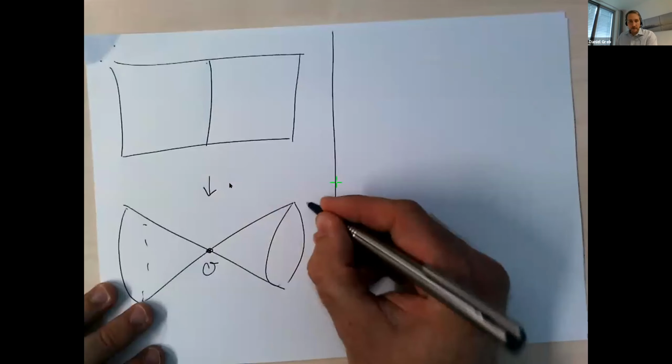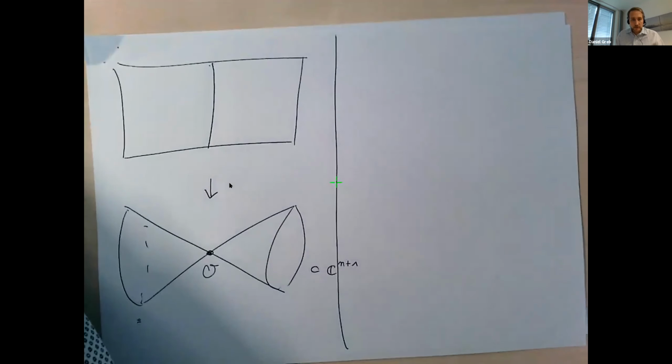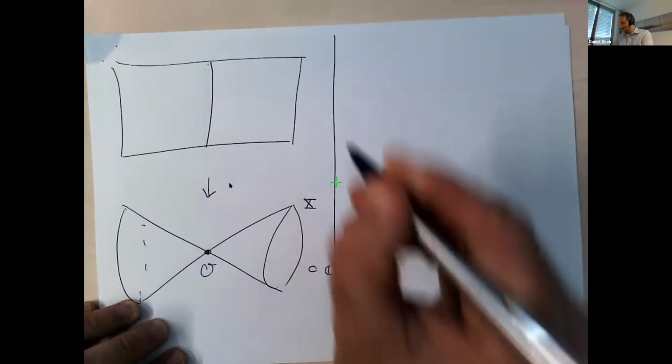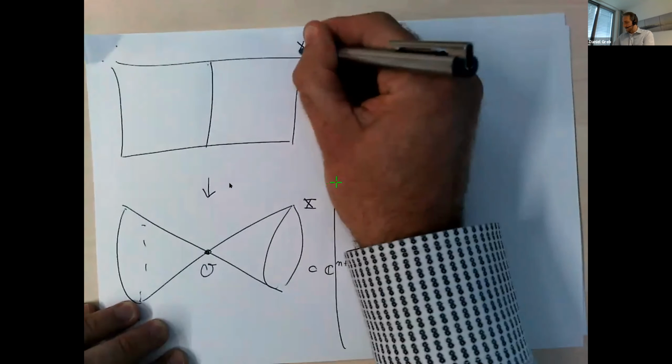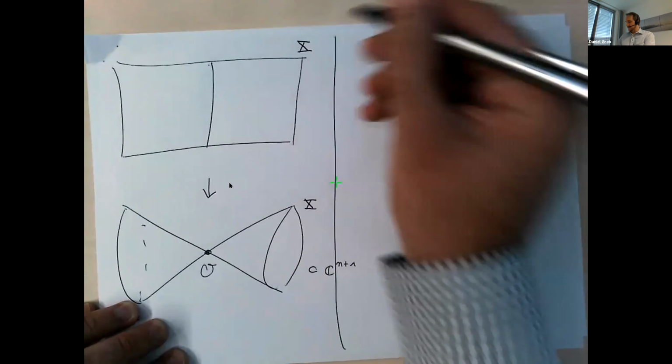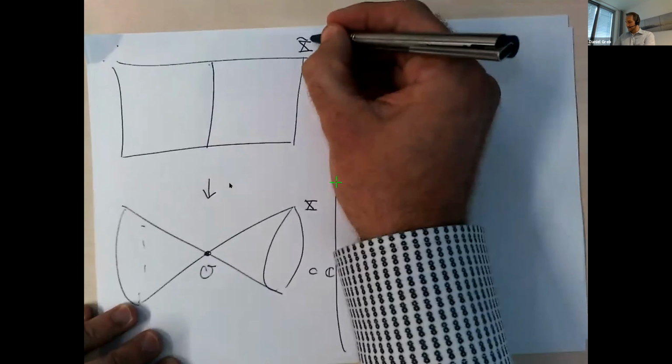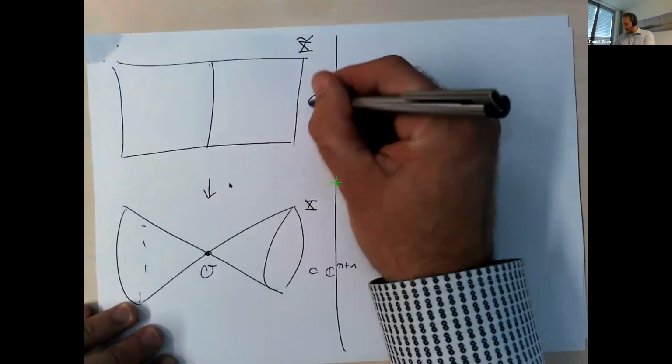And then I get a resolution. I called this X. Then I blow up C^{n+1} at 0, and I get the proper transform of this divisor X inside the blow-up of C^{n+1} at 0.